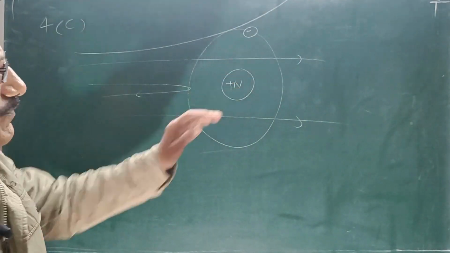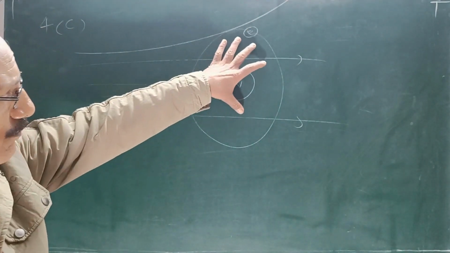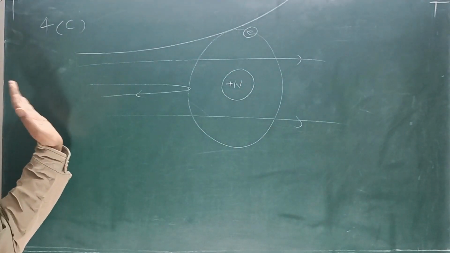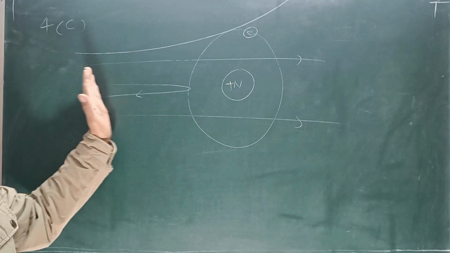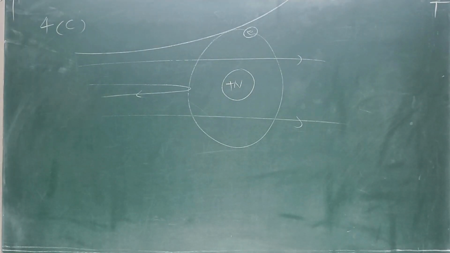So electrons are revolving in orbits and most of the part is empty space. That's why the alpha particles are able to get through. So here the correct answer is C. Most of the part of an atom is empty space.